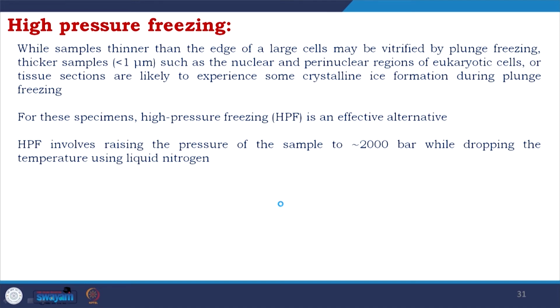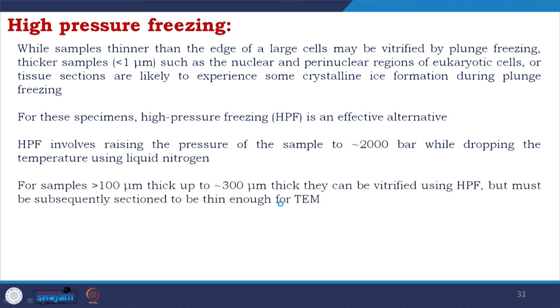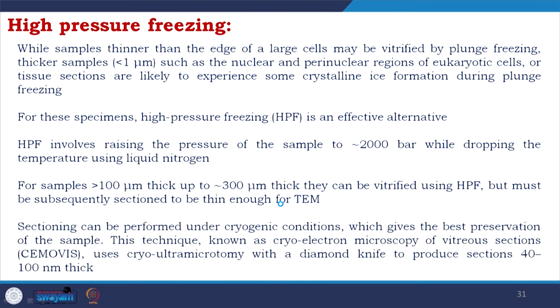So, the low temperature is achieved by making the pressure hugely high, around 2000 bar. Samples which are around or greater than 100 micrometer thick up to 300 micrometer thick can be vitrified using high pressure freezing, but must be subsequently sectioned thin enough for transmission electron microscopy.